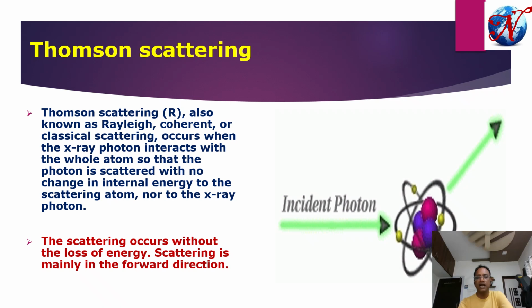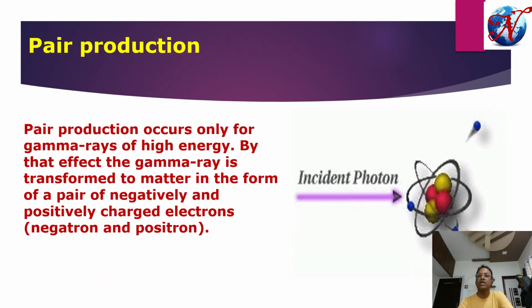So Compton scattering is the process by which the radiation is scattered through the internal orbit, and the remaining energy is transmitted to expel the electron from the outermost shell.